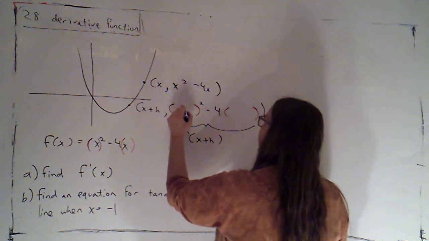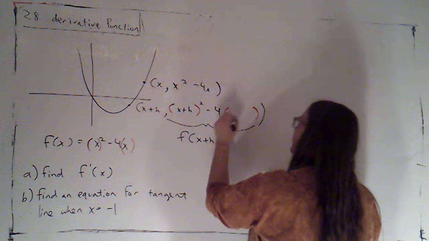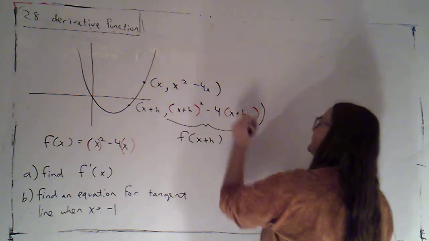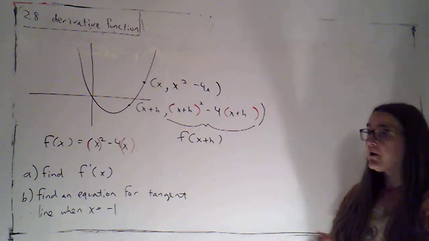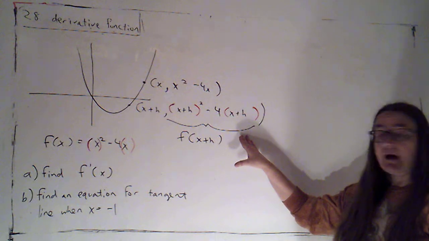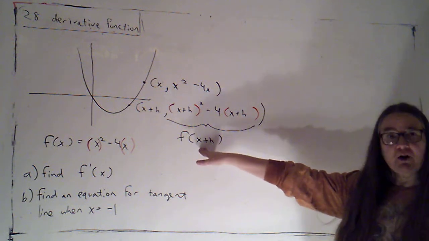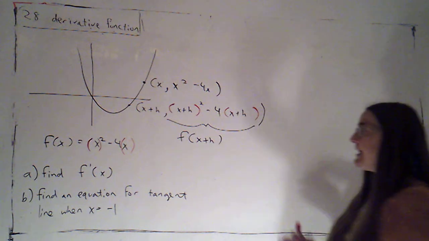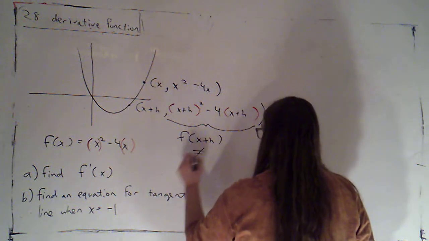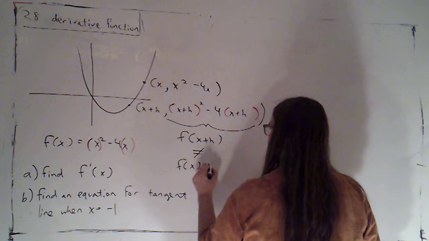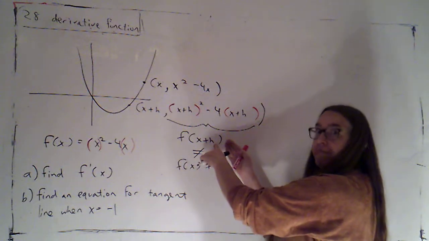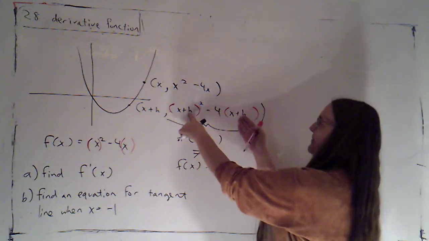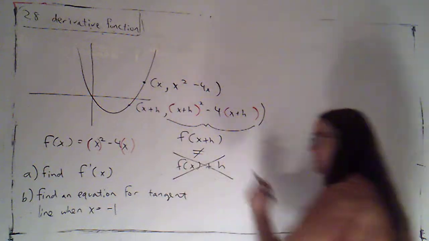So that's going to be x plus h squared minus 4 copies of the quantity x plus h. Very, very important when you're setting these up that you do this function composition correctly. This is not the same thing as f of x plus h. We add h to x first, and that becomes the input to our function.